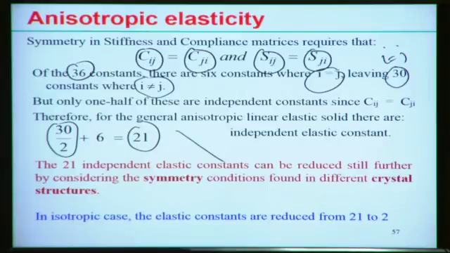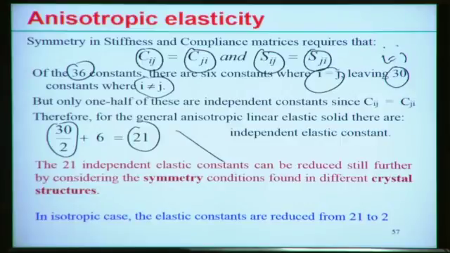These independent elastic constants can be reduced further by considering the symmetry conditions for the different crystal structures. We will investigate gradually how we can reduce the total number of constant terms in these types of crystals.